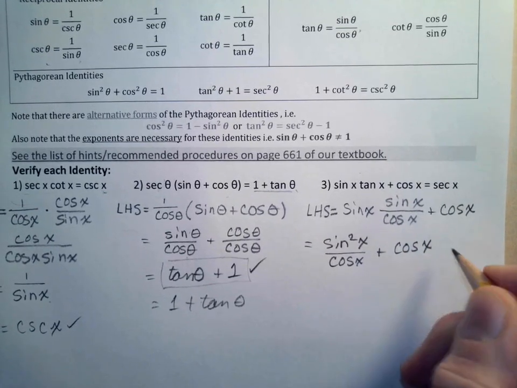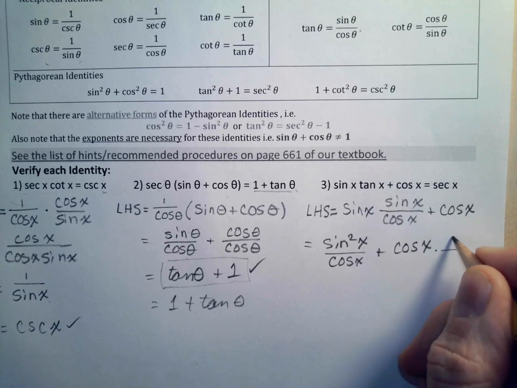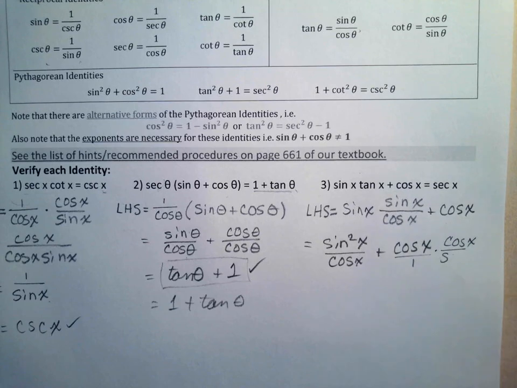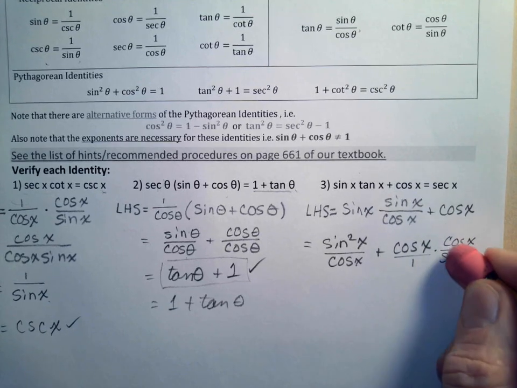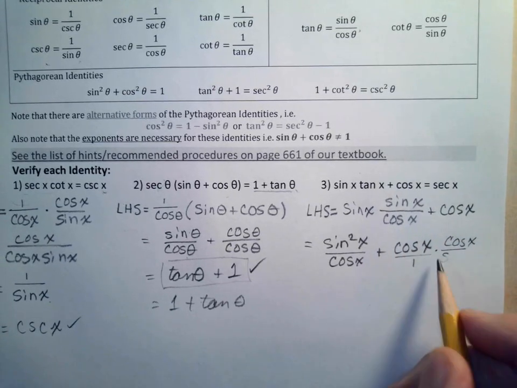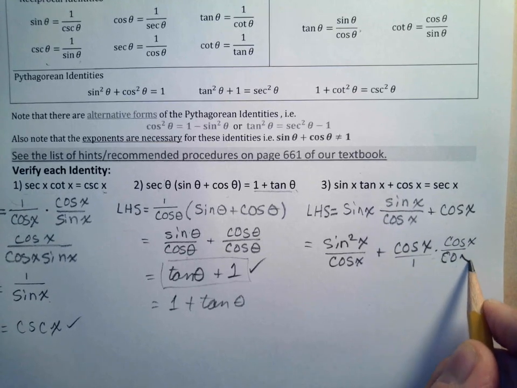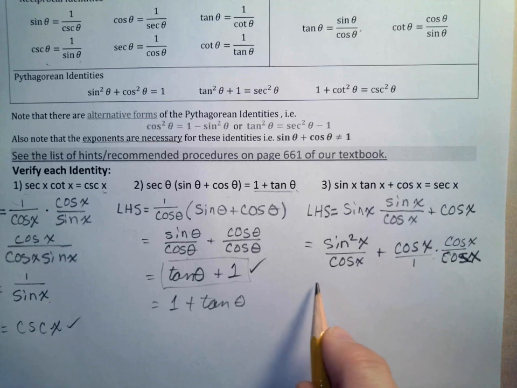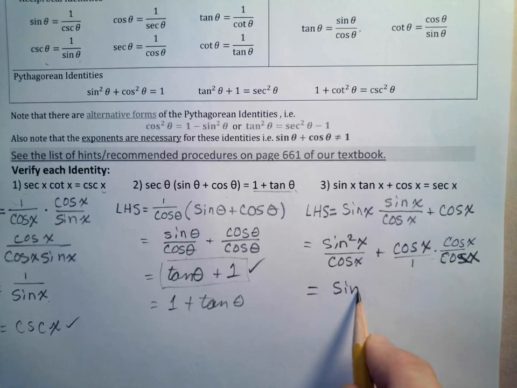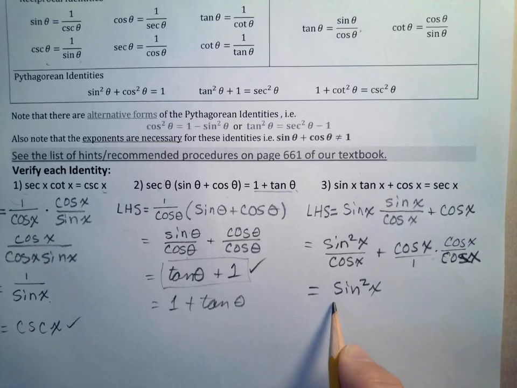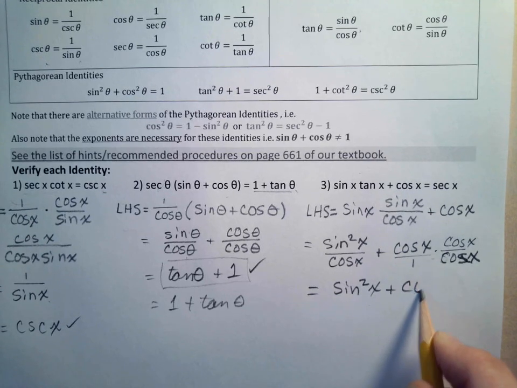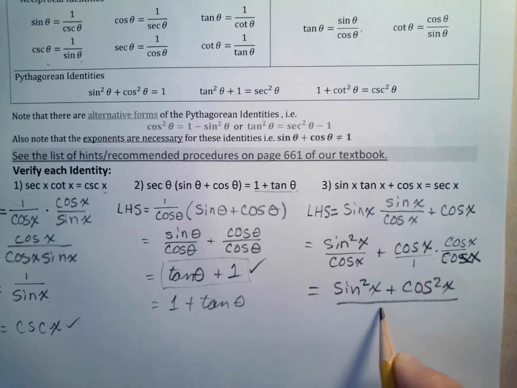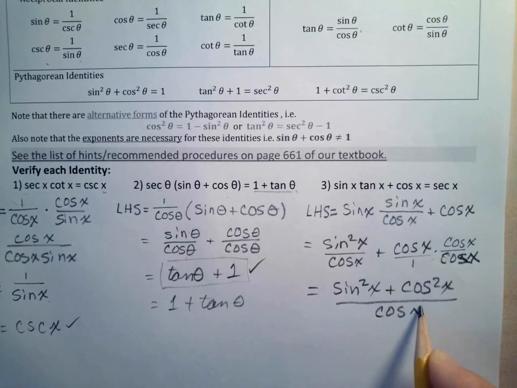And now what I could do is multiply top and bottom here by cosine x, because this is over 1, so I want to get a common denominator, so cosine x multiplied by cosine x over cosine x. All right, and then that gives me sine squared x plus cosine squared x over the common denominator of just cosine x.